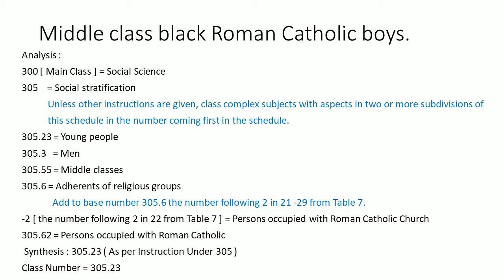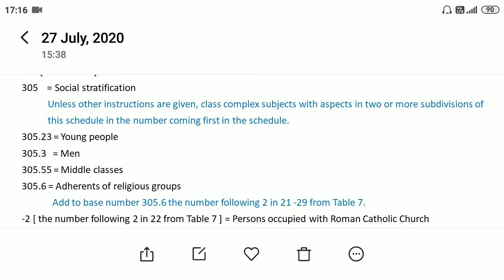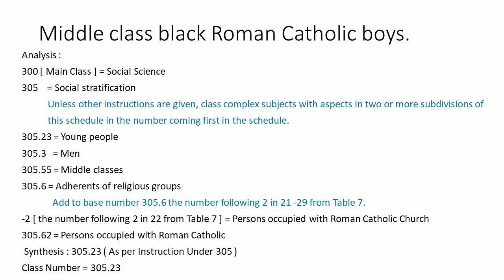Under social science, in 305 you will get the notation of social stratification. Under social stratification there is an instruction. I have written the instruction in a different ring, and I will discuss it later. Here the question is, this book is about middle class people, Roman Catholic boys.